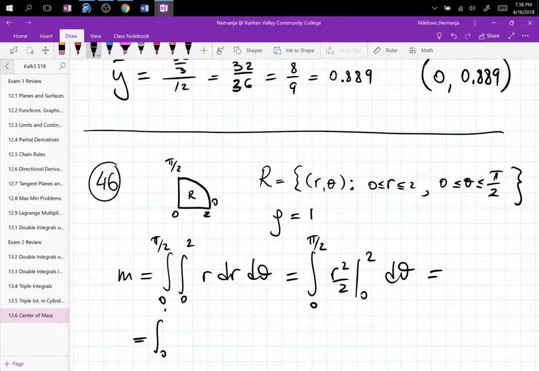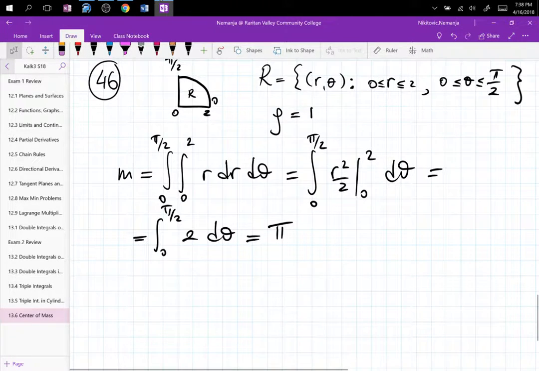That is 4 over 2, so it's 2 d theta, so the whole thing is pi. So the mass is pi. When you integrate, you will get 2 theta, you plug in pi over 2 times 2, and then minus 0.